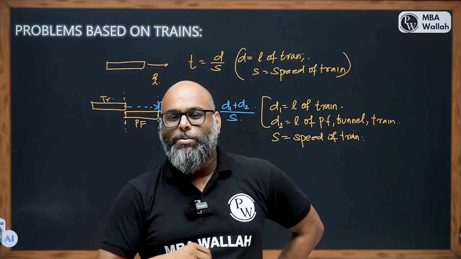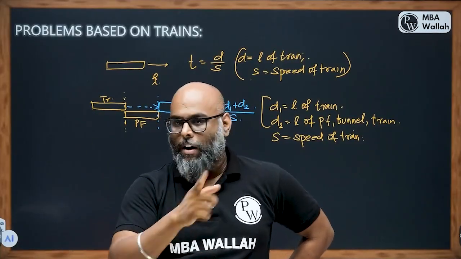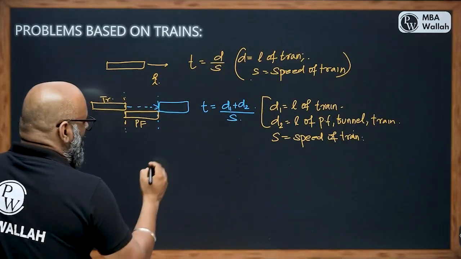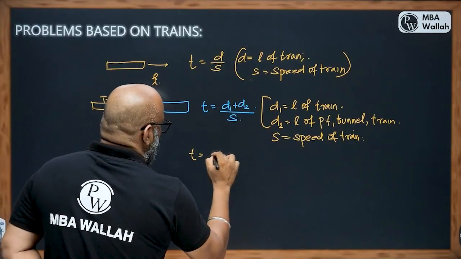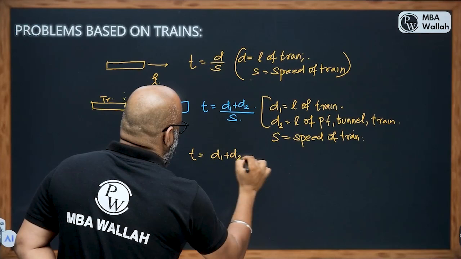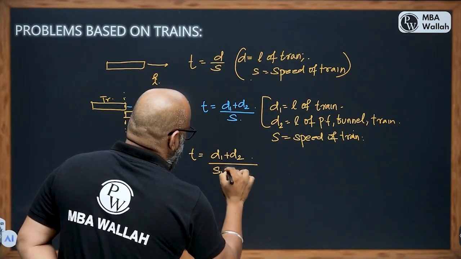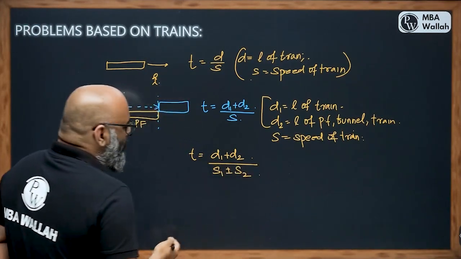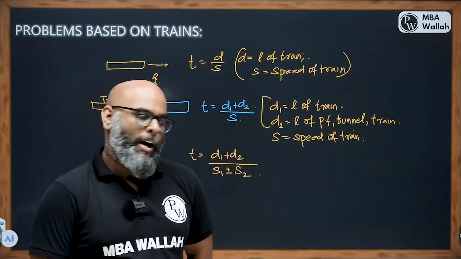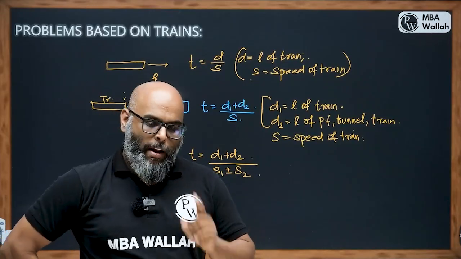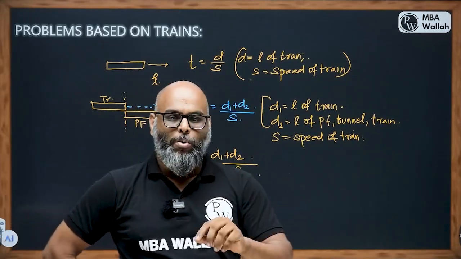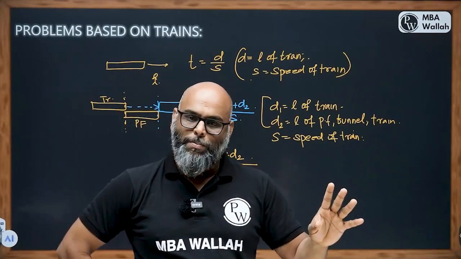If there are two speeds, once again, we introduce the idea of relative speed. So in that case, T is equal to d1 plus d2 divided by s1 plus or minus s2. Why am I saying plus or minus? Simple. I don't know what direction it is going. If it is the same direction, s1 minus s2, opposite direction, s1 plus s2. Right?